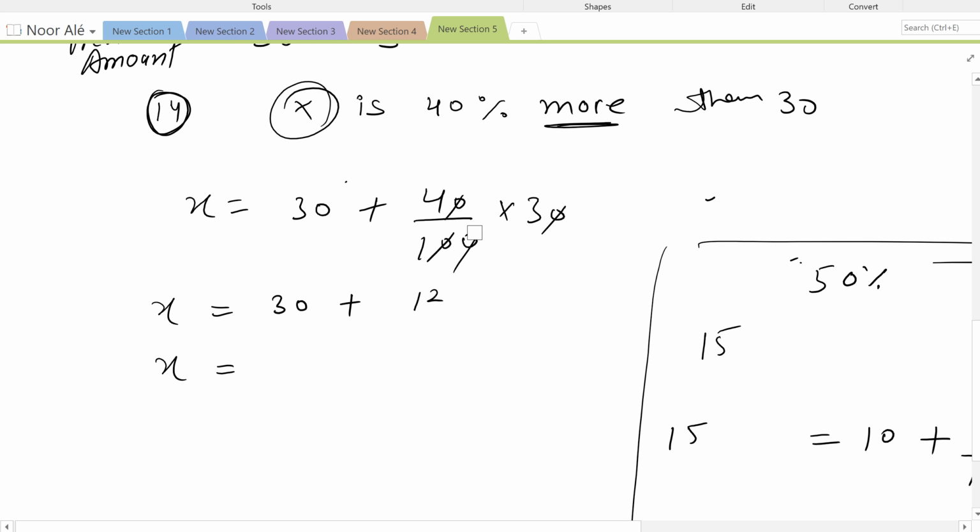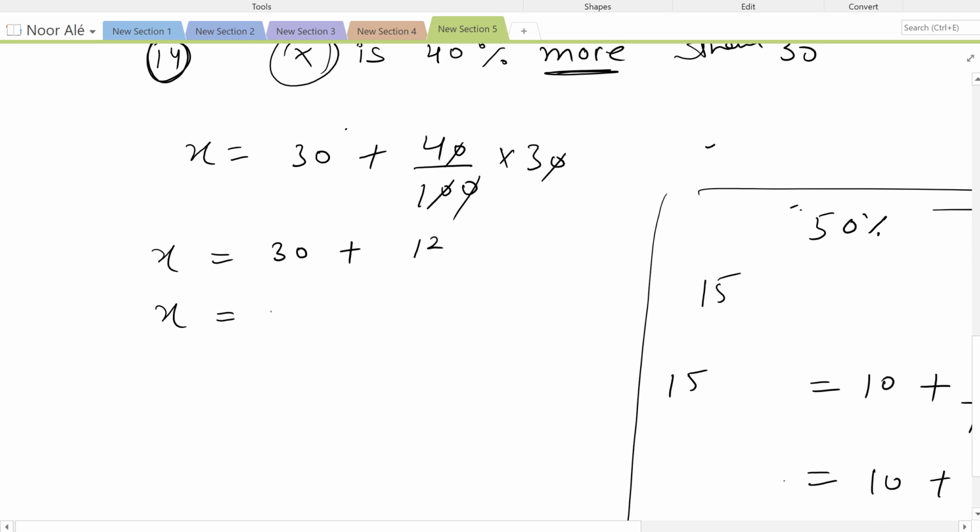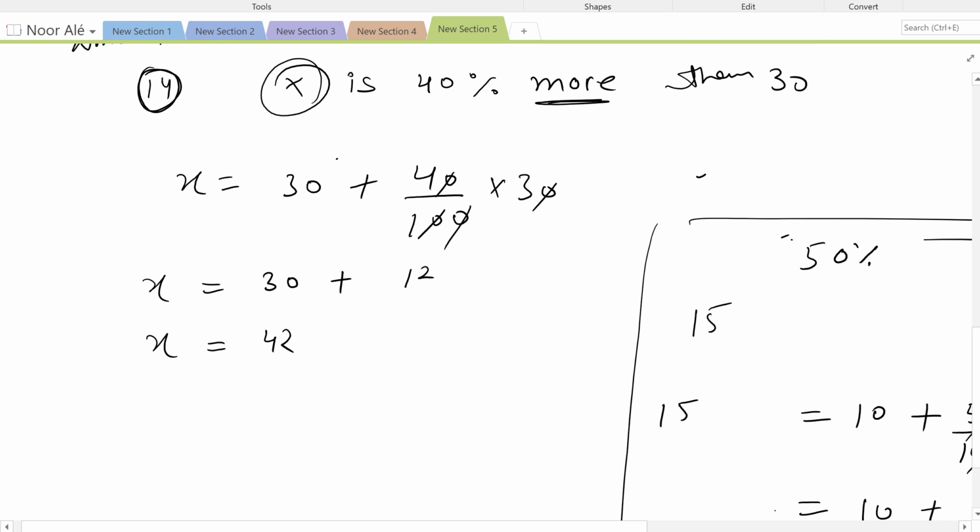So both of the bottom zeros cancel out with the numerator's 0, and we have now 12. 4 times 3 is 12, and we add it up, and the answer is 42. That means 42 is 40% more than 30. So the x value is 42.